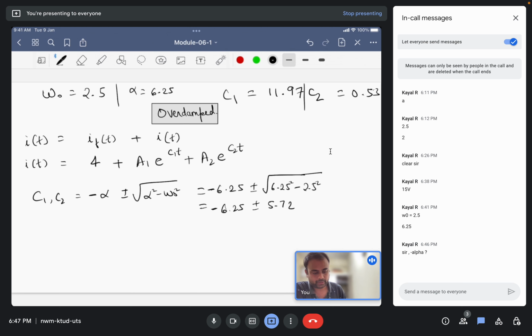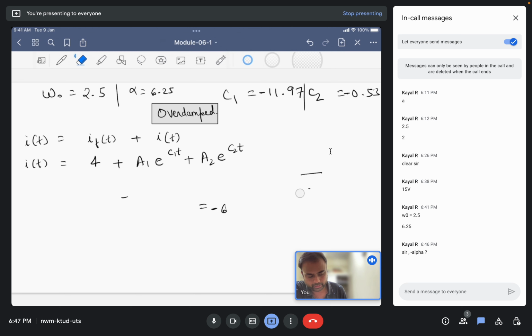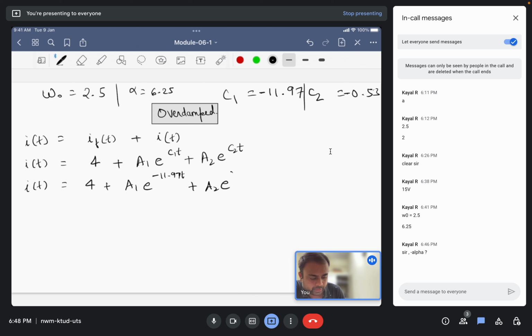So when this is minus, C1 and C2 will become minus 11.97 and minus 0.53. So now we have to write again. So I of t will become 4 plus A1 e to the power C1, that is minus 11.97 t, plus A2 e to the power minus 0.53 t.